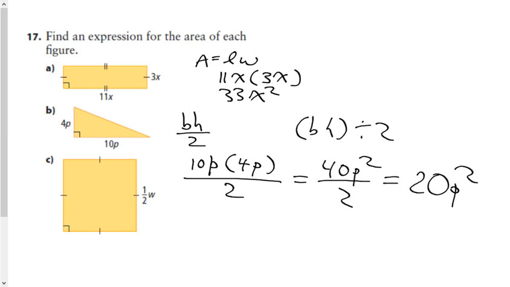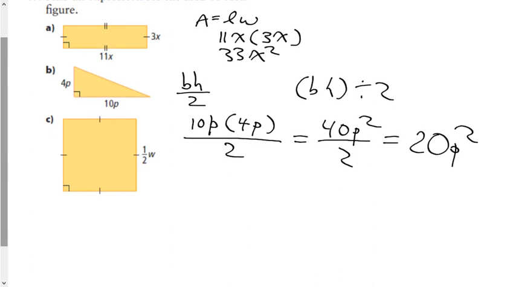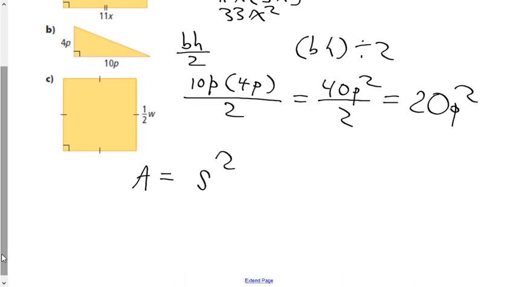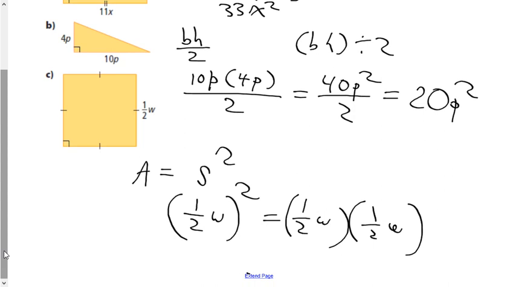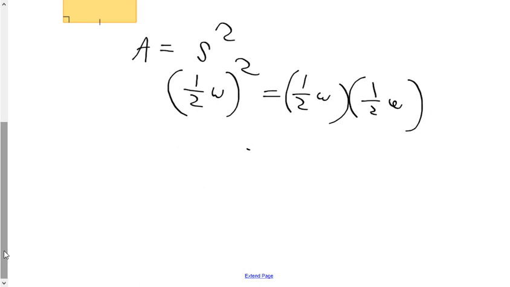And your last one, this is an interesting one because we haven't done squares before. This is a square. And the formula for a square is side squared. So technically, 1/2 w in brackets squared is the same thing as 1/2 w multiplied by itself, which is 1/2 w times 1/2 w. That's what squaring means. Multiply the coefficients. What's a half times a half? No, that's a half plus a half.